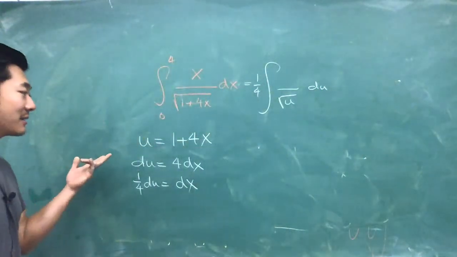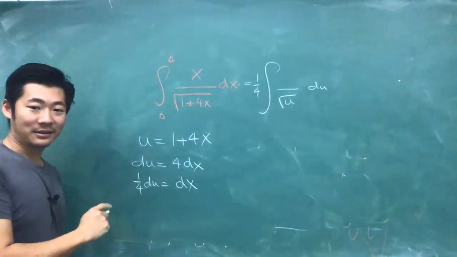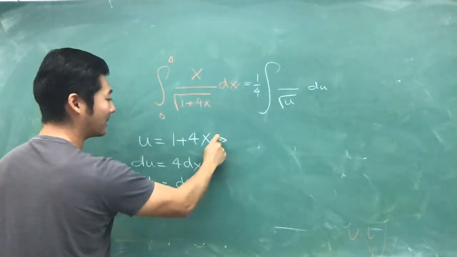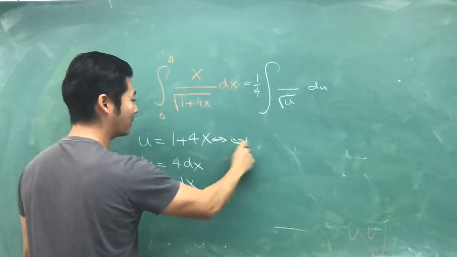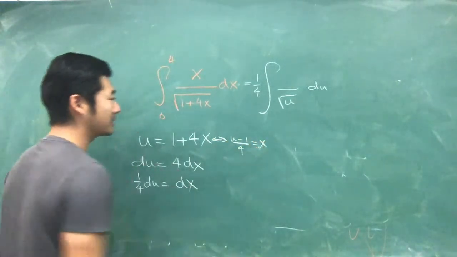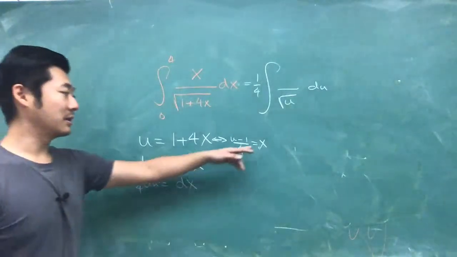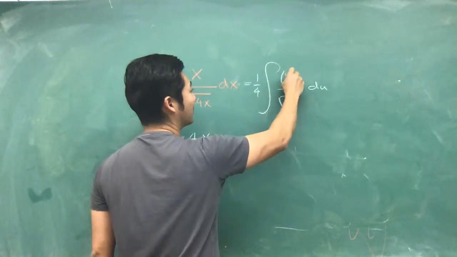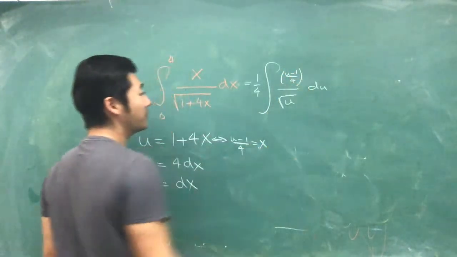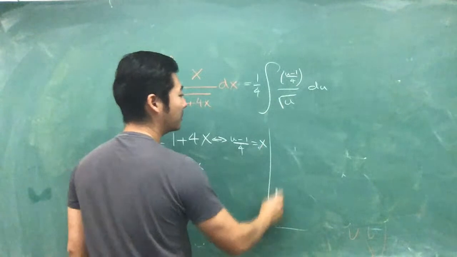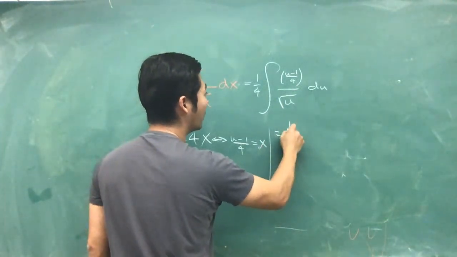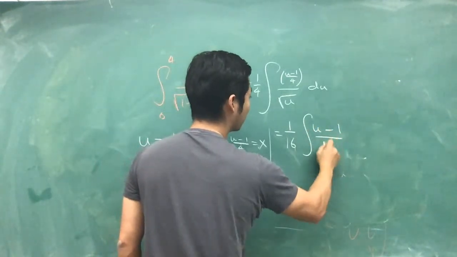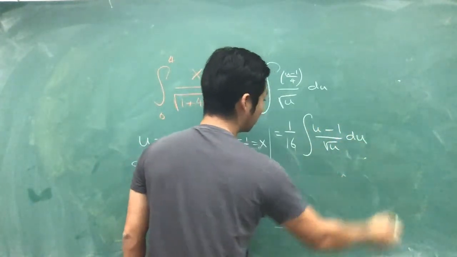But what about x? Well, you can just solve for x: u minus 1 over 4 equals x. Substitute this x in, and you get an expression just in terms of u: 1 over 16 times u minus 1 over root u du.